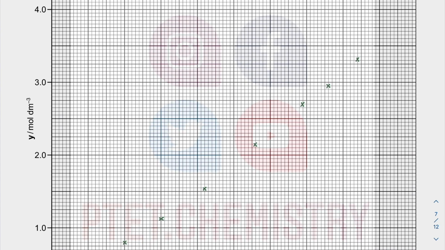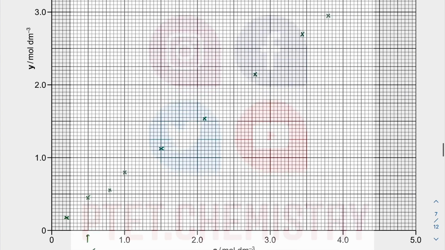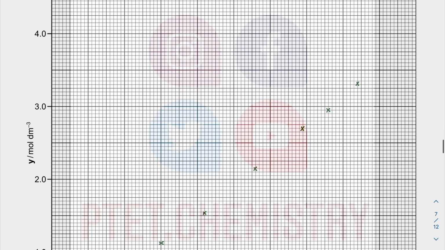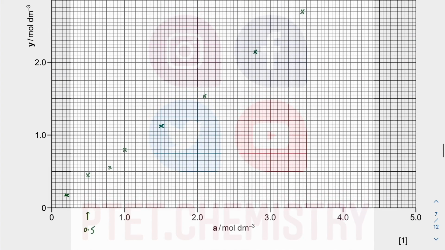And lastly 4.9 and 3.75. So that is between 3.5 and 4.0, this middle bit is 3.75, and then 4.9 is just 2 small squares before 5.0, because that is 4.5.